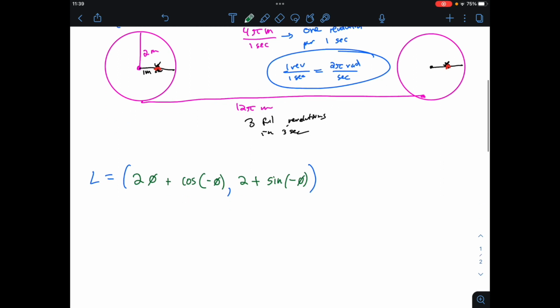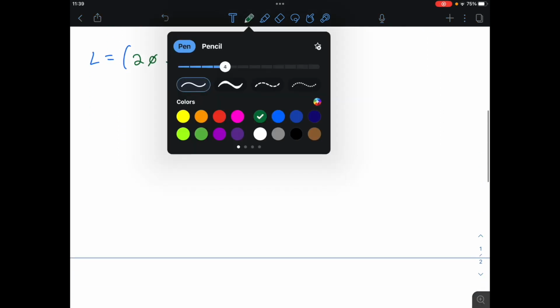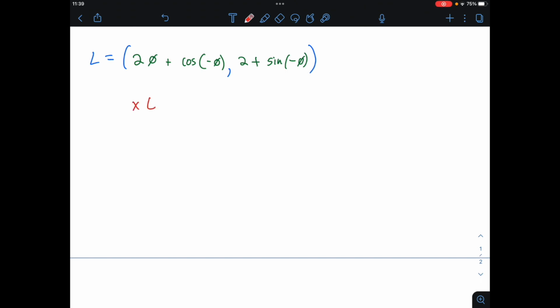So the next thing we're going to do is rewrite that as a parametric equation. I'm going to say that the Ladybug's x position, x of t, position over time in the x direction, is given by, now, I guess it's not so much x of t as it is x of theta. So I'm going to replace theta with t, mixing and matching all over the place. So we'll do 2 times t plus cosine of negative t.